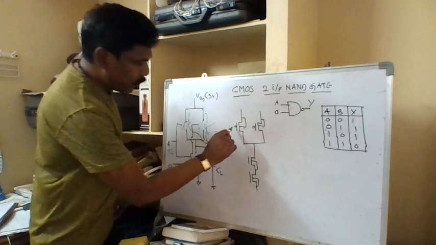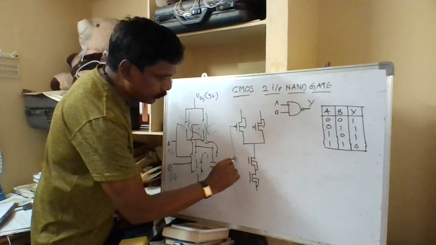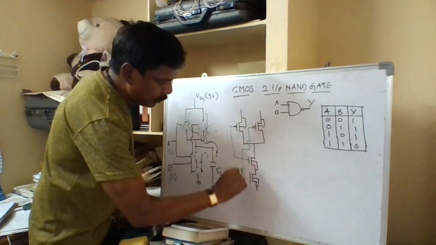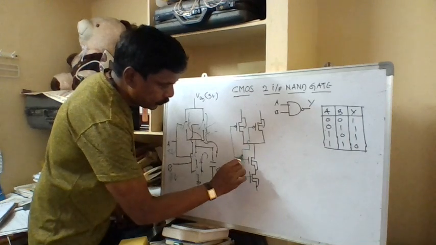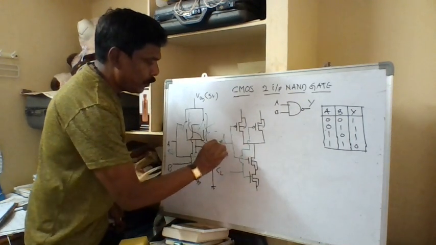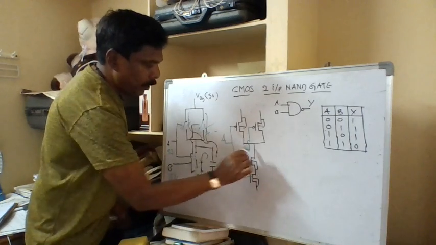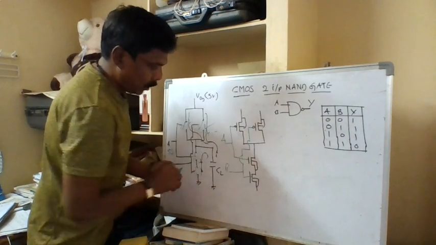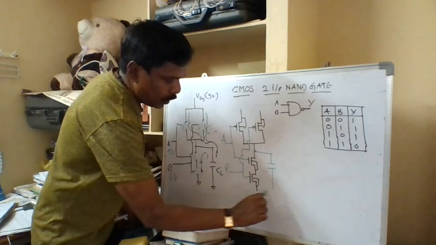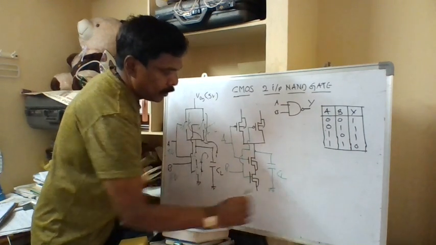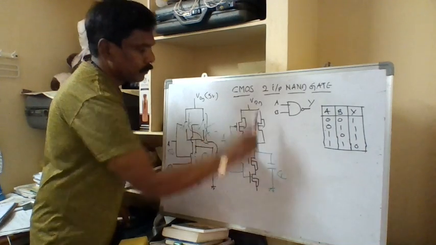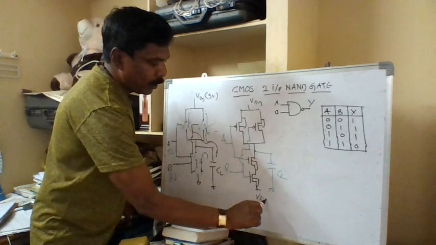Now these two are connected together, and these two are connected together, and this is input A, this is input B, and from this node the output is taken to the load CL. Now this is VDD, this is VSS.